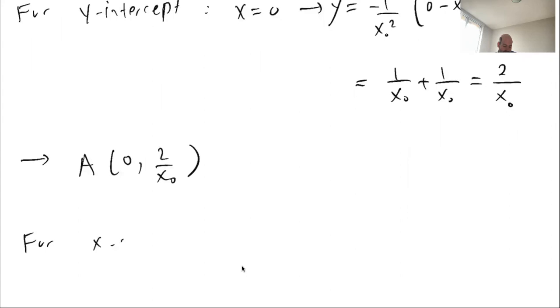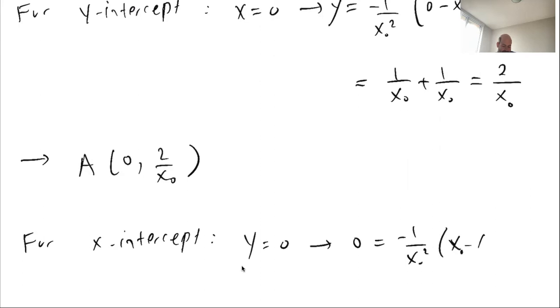And finally, for the x-intercept, we need to replace y with 0. So 0 equals minus 1 over x0 squared times x minus x0, plus 1 over x0.